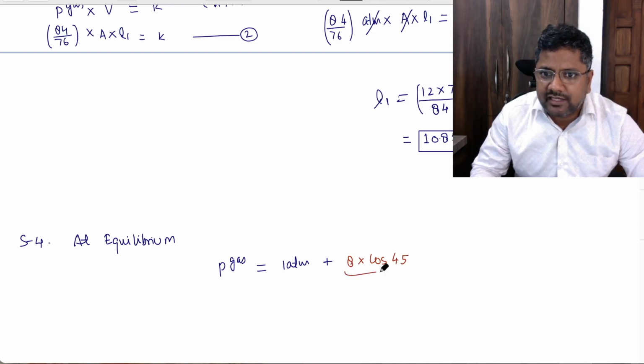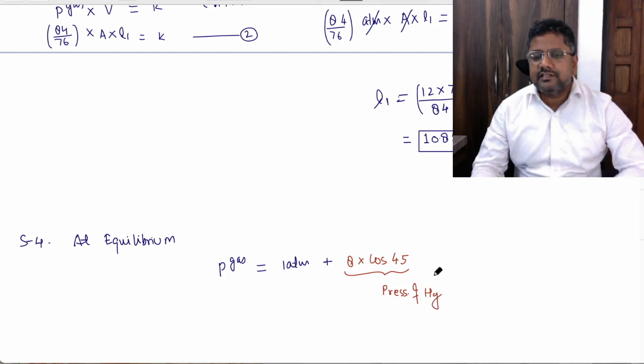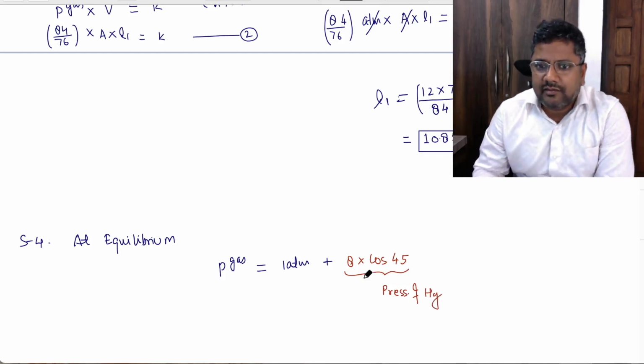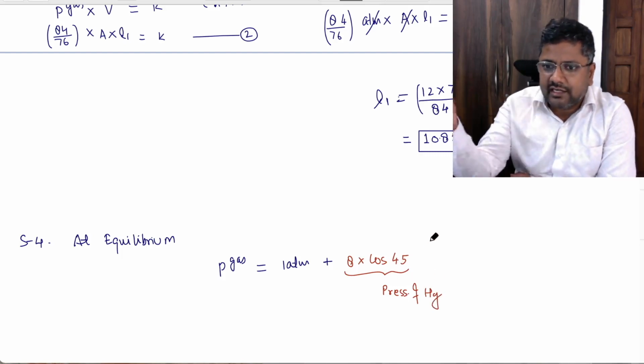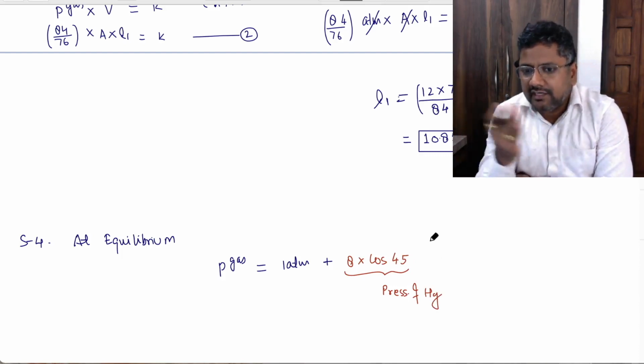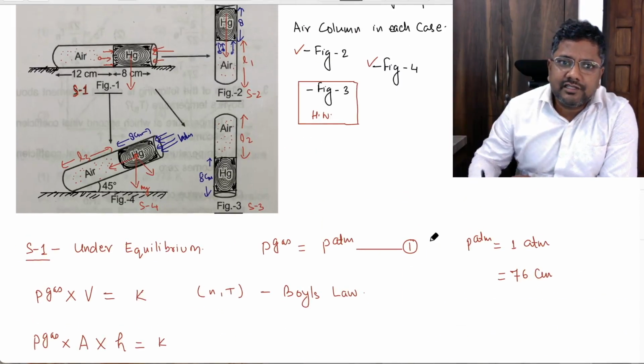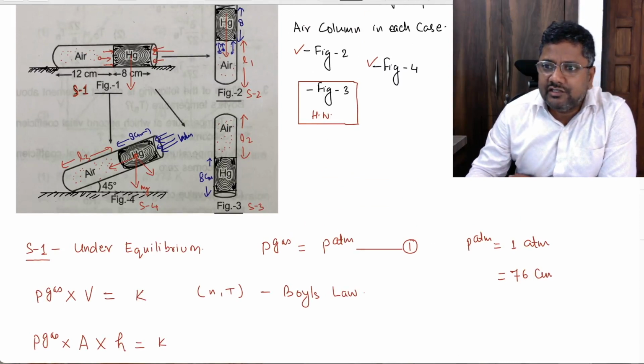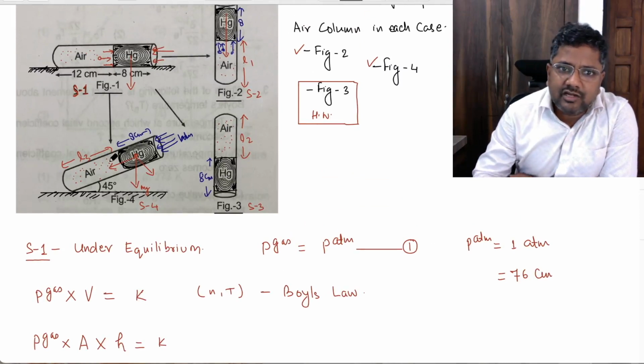So this is the pressure of mercury. Since it is not vertical, therefore I have taken its component which is acting on the gas, air column. And this air is balancing these two, means atmospheric pressure and this mercury pressure.